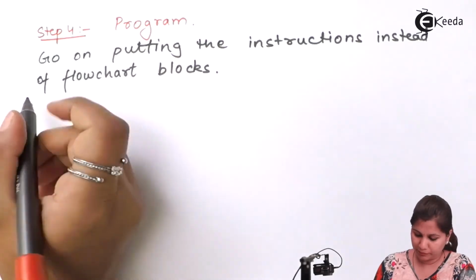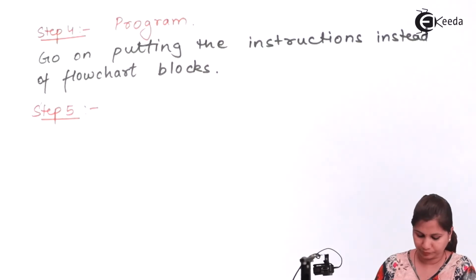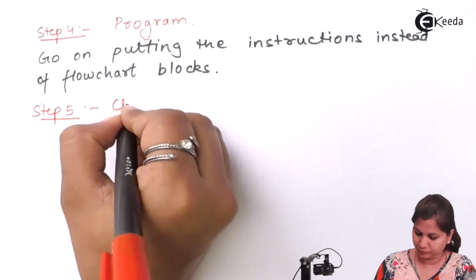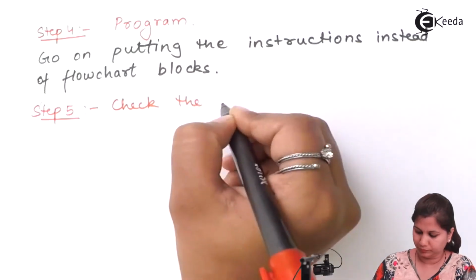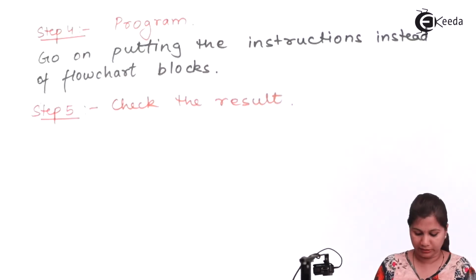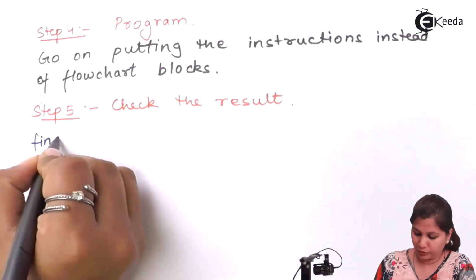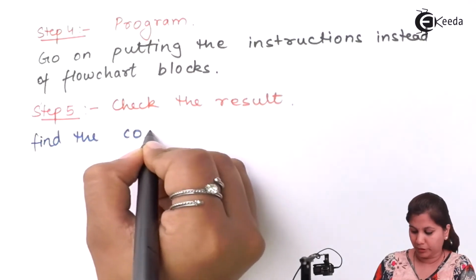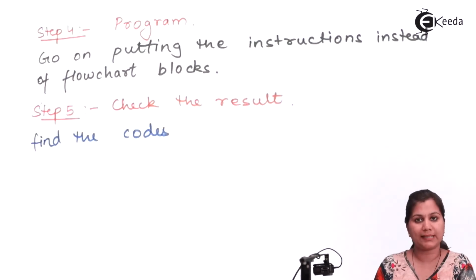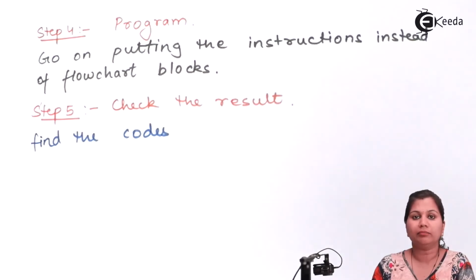Then comes step number 5, where we will check the result. So in this step, whatever instructions we have written in step number 4, we are going to find the codes for those instructions, because we are writing the program in assembly language, but when we are inputting that program into the machine, then we have to write the machine language, that is we have to write the machine codes.